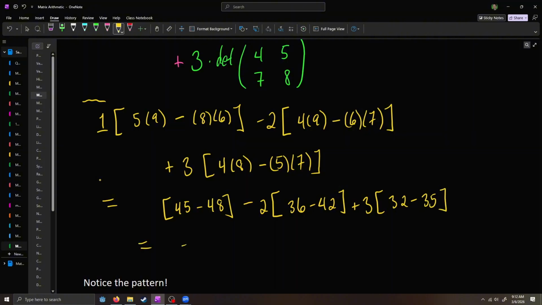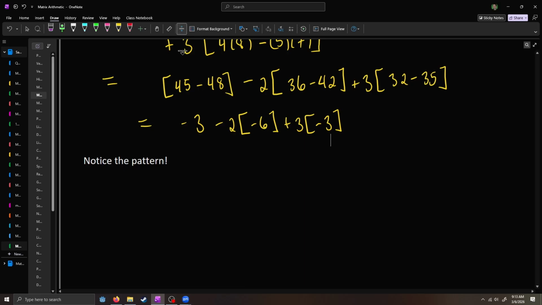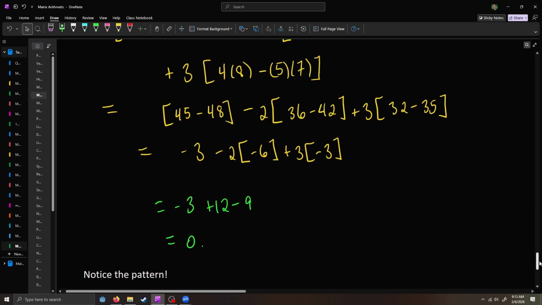So that gives us negative 3 minus 2 times, looks like negative 6, and then plus 3 times negative 3. So all in total, that is negative 3 plus 12 minus 9, result 0. And we'll see soon that having a determinant of exactly 0 is a result of some significance.